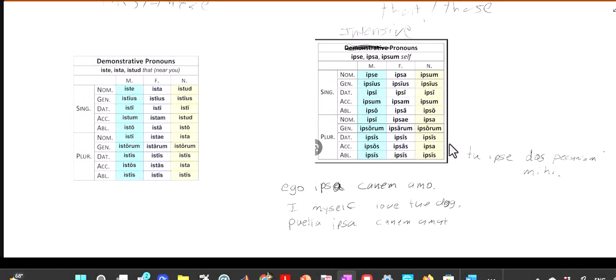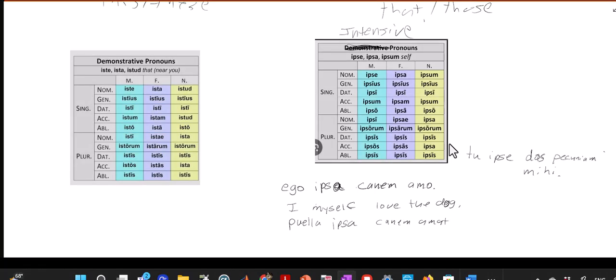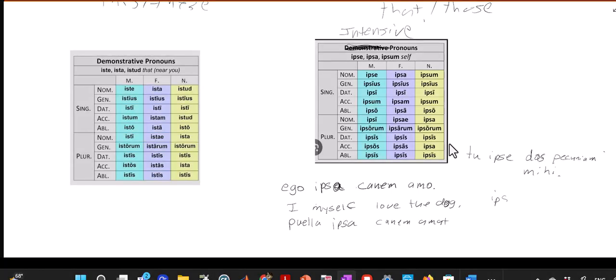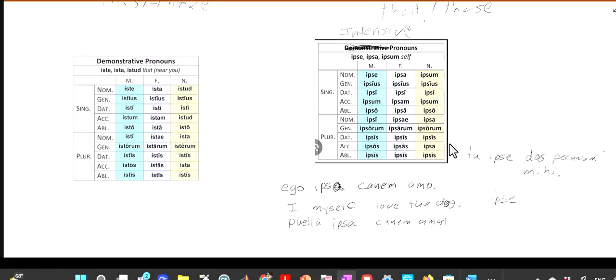So the ipse ipsa ipsum, it intensifies another word. Now you can use it by itself, but then the best way to translate it would still be with two words.